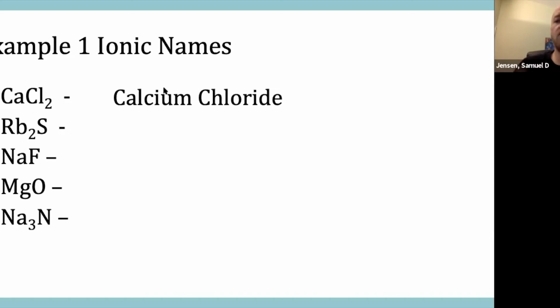For the nomenclature quiz that you'll have, every problem is worth 1 point, but there's half a point for the first name and half a point for the second. So if you know the metal, you can get half a point for just putting the metal down, even if you don't know the second part. You accumulate points, or at least half points, enough half points that you get extra credit. Rb is rubidium, and sulfur becomes sulfide.